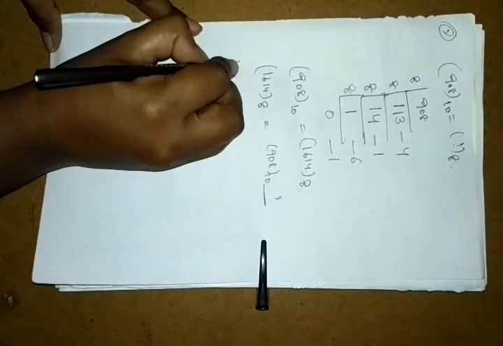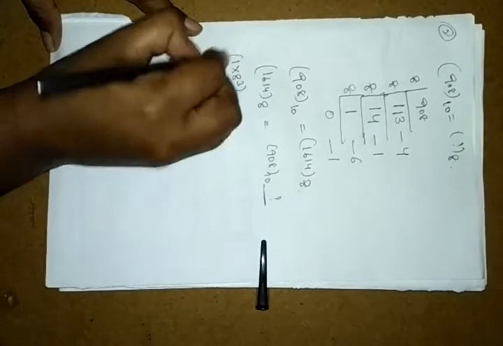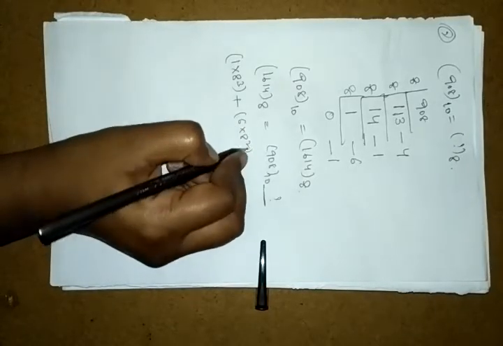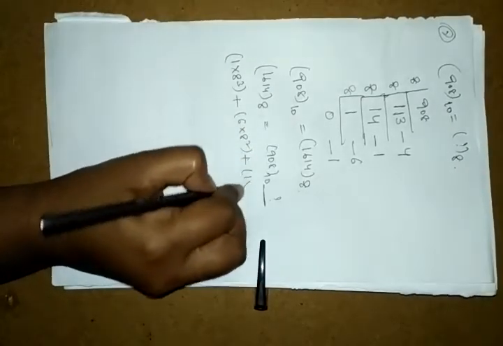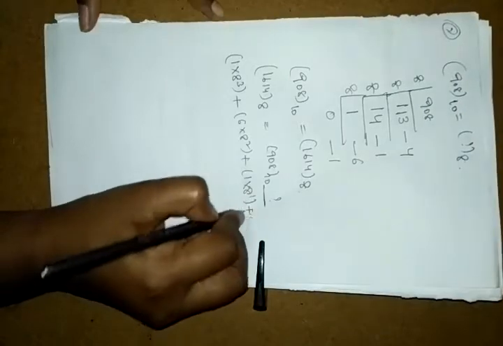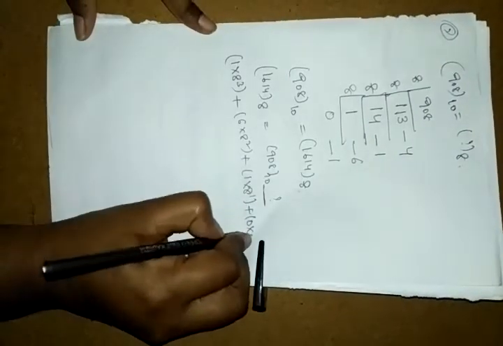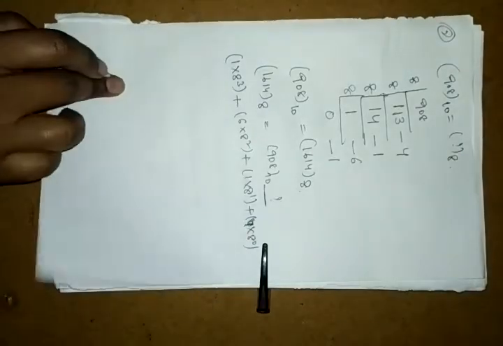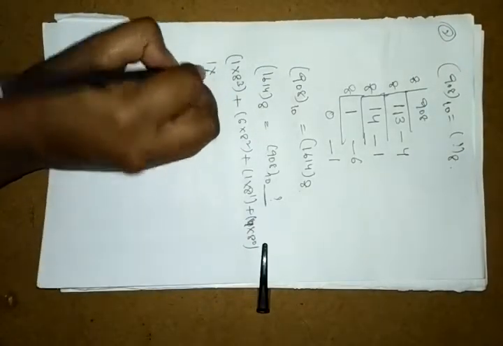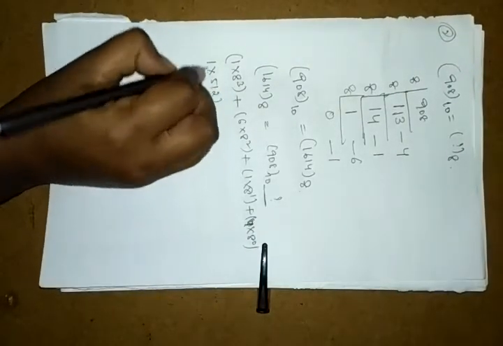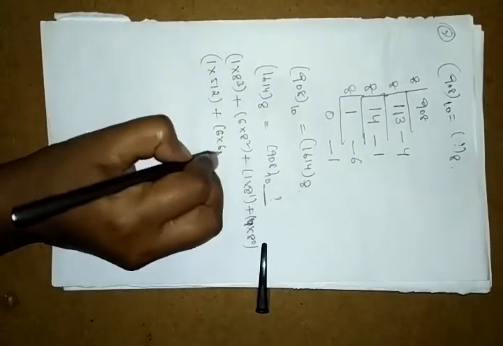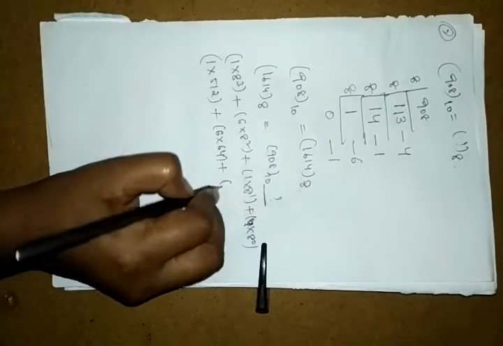So 1 into 8 power 3 plus 6 into 8 power 2 plus 1 into 8 power 1 plus 4 into 8 power 0. 1 into 8 power 3 means 512, plus 6 into 64, plus 8.